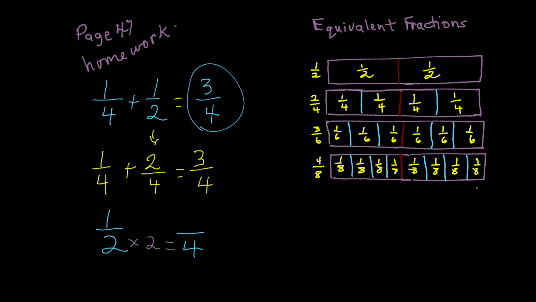Now, whatever you do to the denominator, you must do to the numerator. So it is 1 times 2 equals 2. Therefore, we can see now how 1/2 can be changed into 2/4.